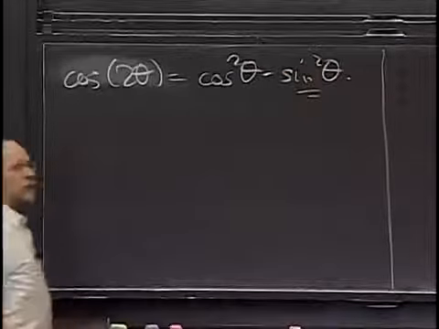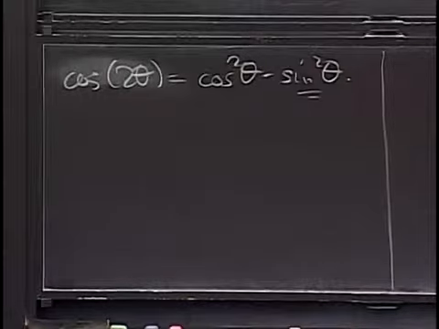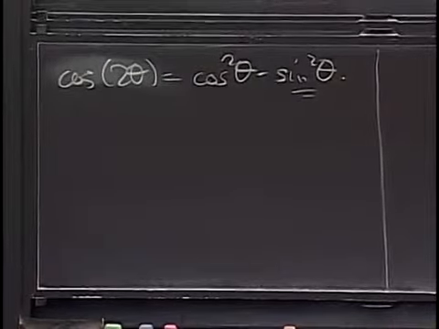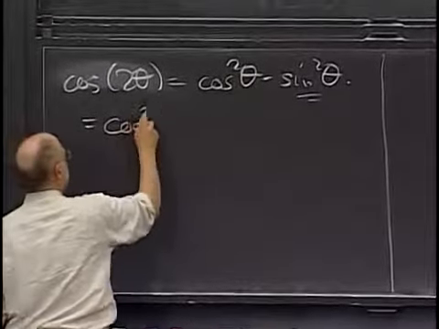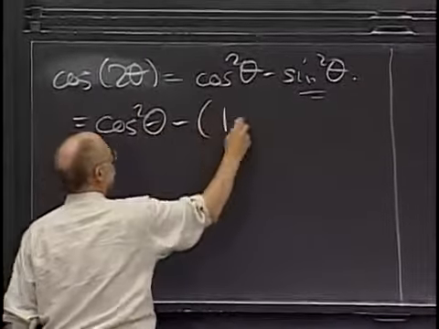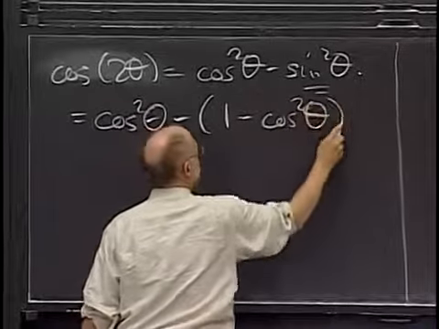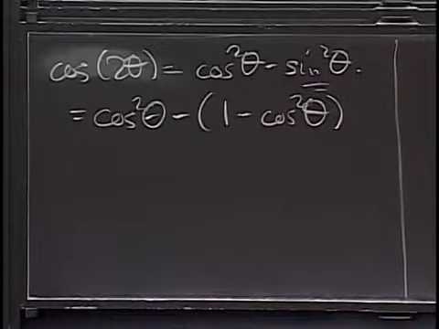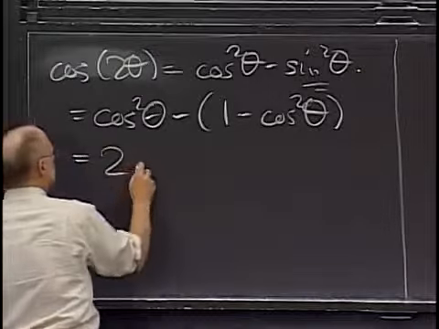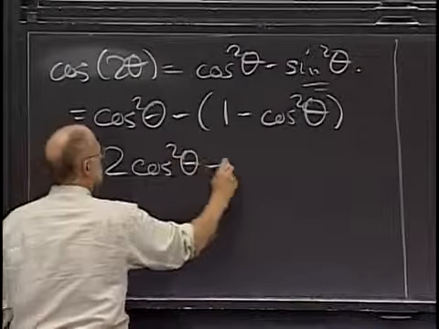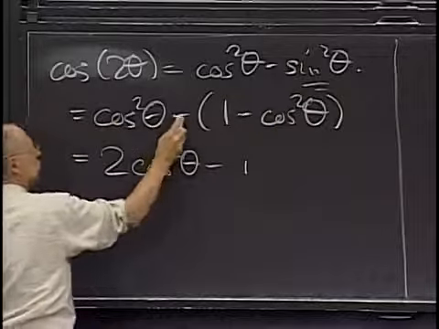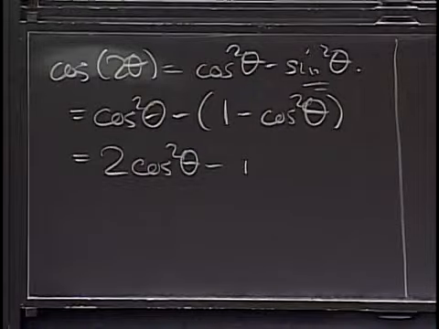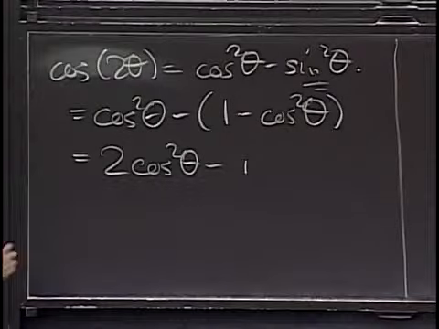But we also know what the sine squared of theta is in terms of the cosine. So I can eliminate the sine squared from this picture. So this is equal to the cosine squared of theta minus the quantity 1 minus cosine squared of theta. I put in what sine squared is in terms of cosine squared. And so that's twice the cosine squared of theta minus 1. There's this cosine squared, which gets a plus sign because of these 2 minus signs. And there's the one that was there before, so altogether there are 2 of them.